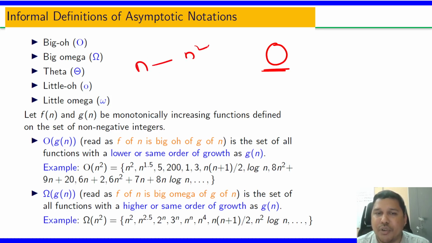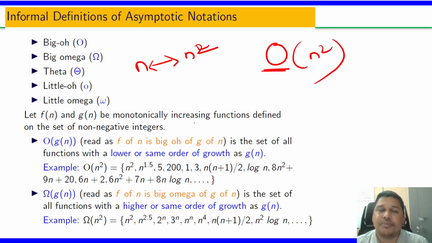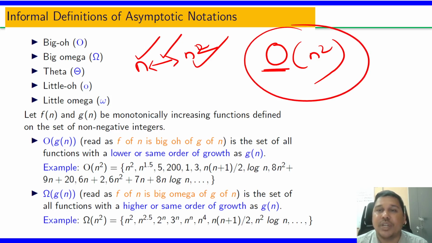For example, if the running time is varying between n to n square, we have the order of growth always as n square. Why n square? Because n is covered, n power 1.5 is covered, n square is also covered. So we are trying to generalize it, taking the maximum value here.